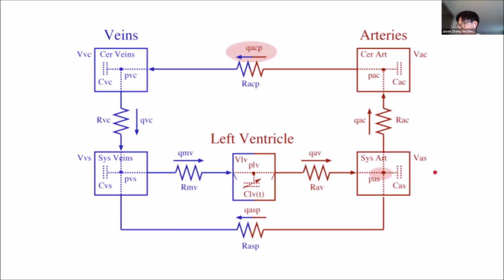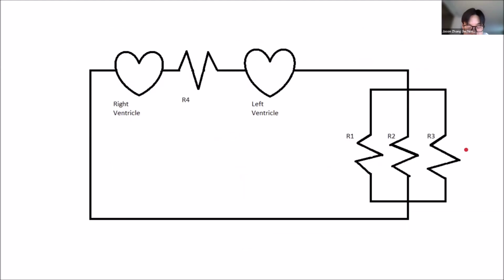And this is a representation of the heart as a circuit. You'll have a series of resistors and batteries, and this is a more simplified view if you're not really physics savvy like me. But I think generally it's good to know.